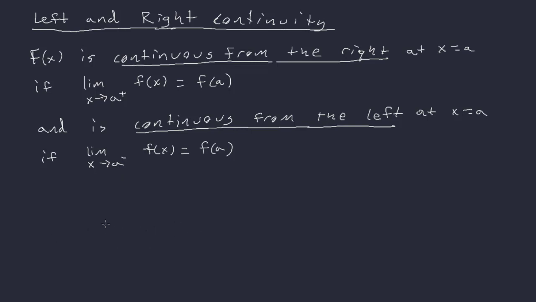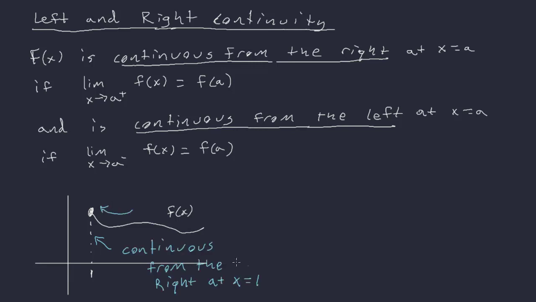So, for example, if we have this function here, and let's say this is 1, so here's, say, f of x, this function would be continuous from the right at 1, okay, because we are coming at it and there's a closed dot.